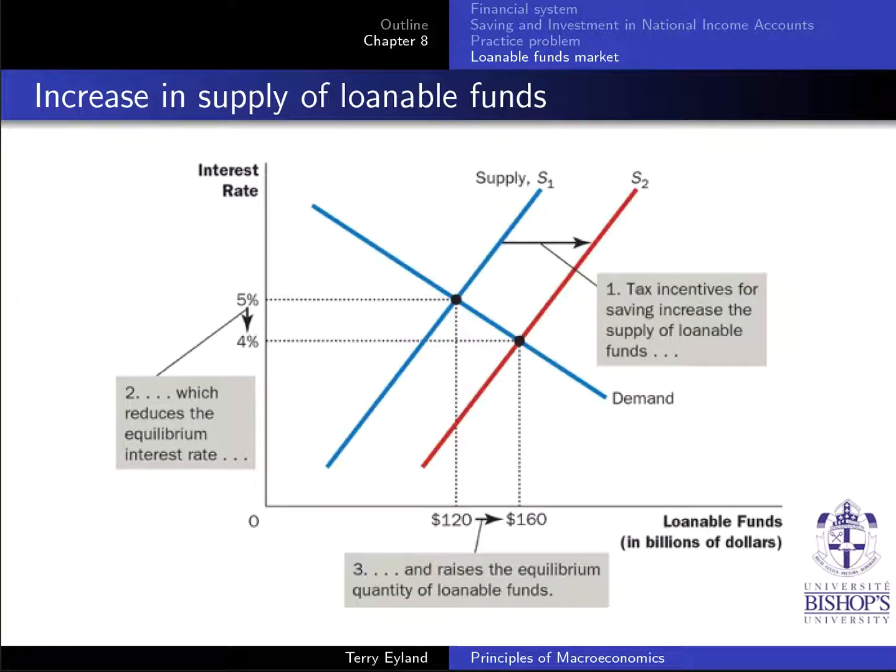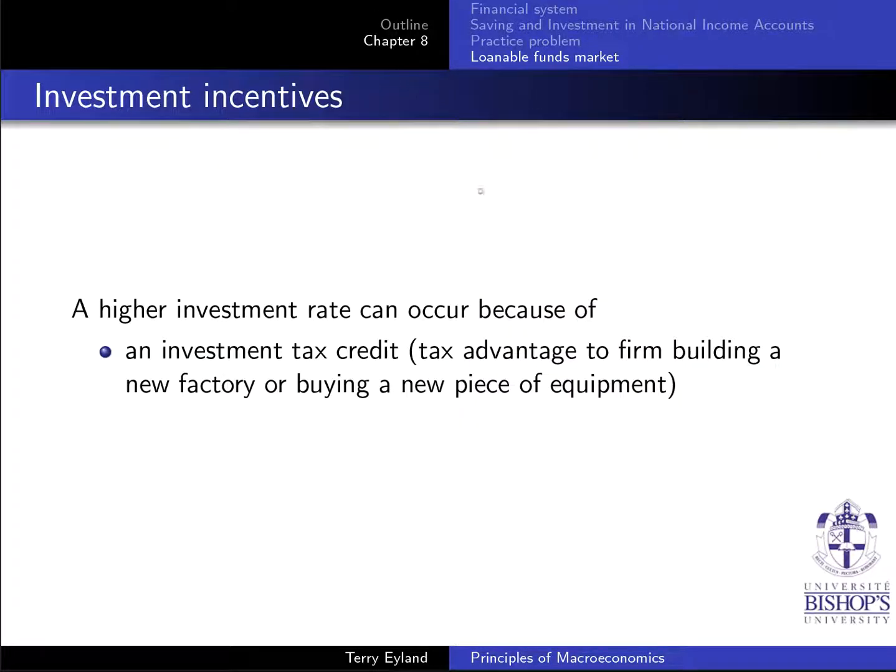So let's say we have tax incentives that shift the supply curve. We'll have greater private saving, which will lead to a savings curve shifting right, which is going to lead to the interest rate to fall and to more savings happening. On the other hand, a higher investment rate can occur because of an investment tax credit.